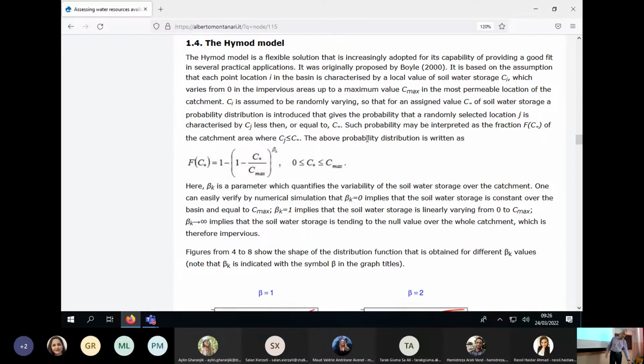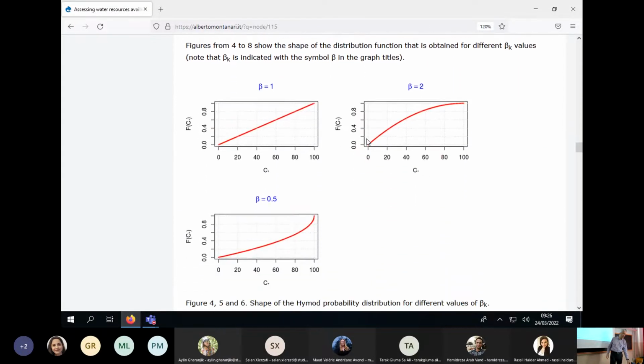Depending on the value of beta, we can draw graphs of the progress of the fraction against C star, which is on the horizontal axis.